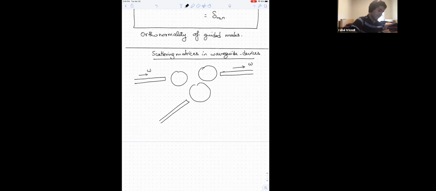In some sense, just from the perspective of waveguide-based devices, I can deduce some very general properties of what this transmission looks like, so to speak the scattering matrix in between these waveguides, by black boxing this permittivity distribution in the middle.